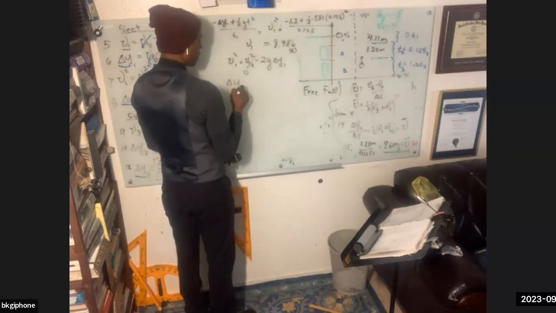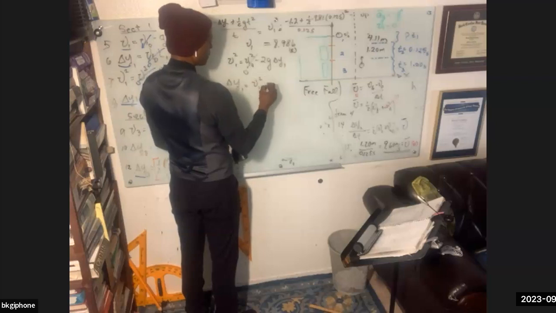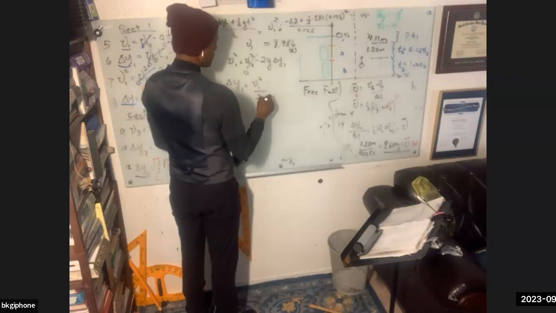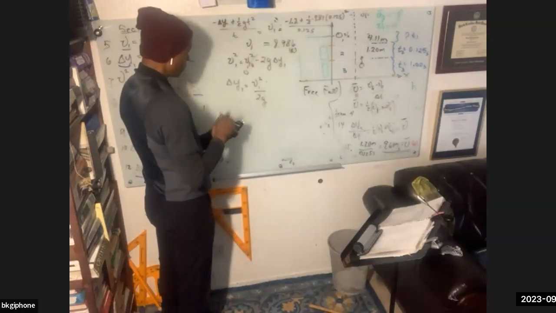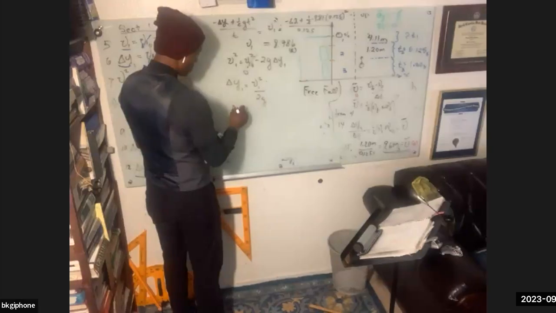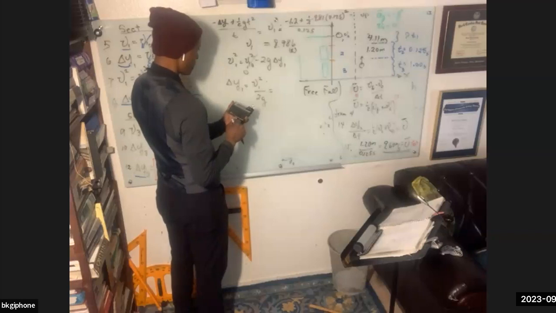So then delta Y1 is equal to V1 squared divided by 2G. So that'll be our 8.986 squared. Delta Y1 equals, well, times 2, or divide? No, it'll be over 2. You said it correctly. It will be 2 times 9.81 meters per second squared.